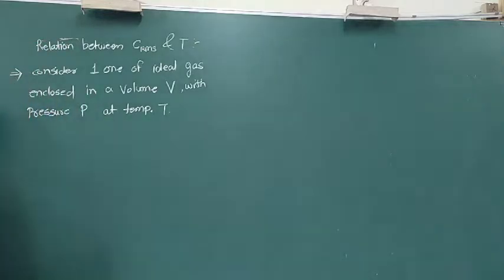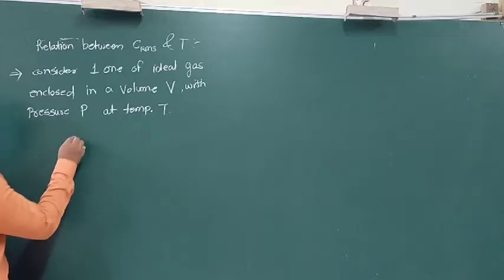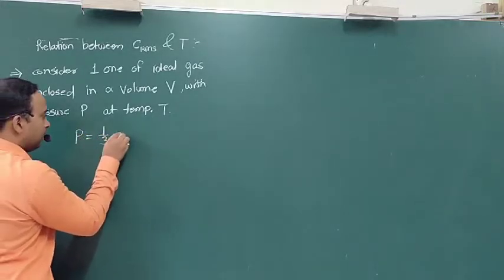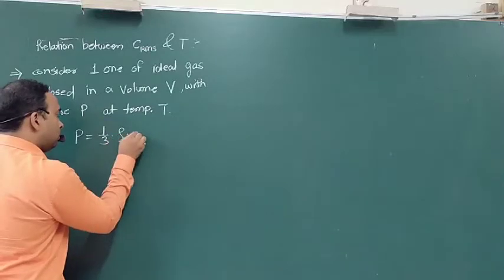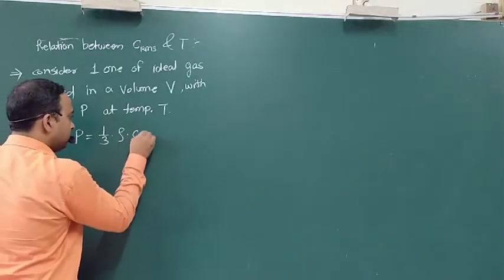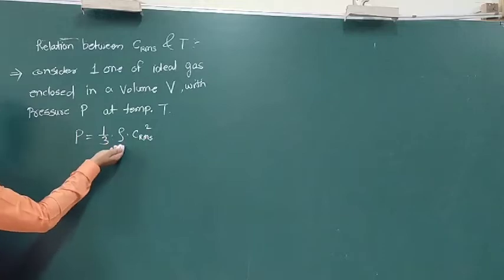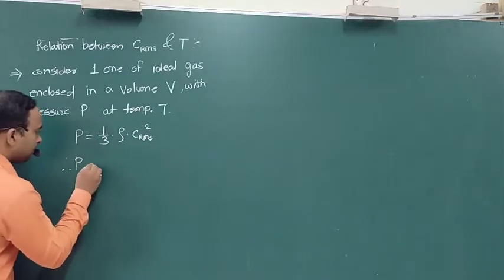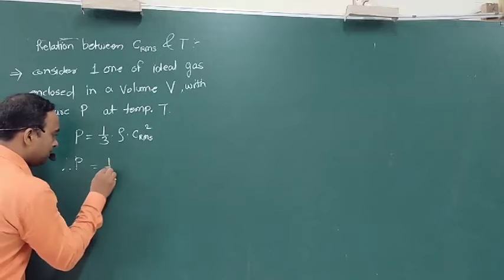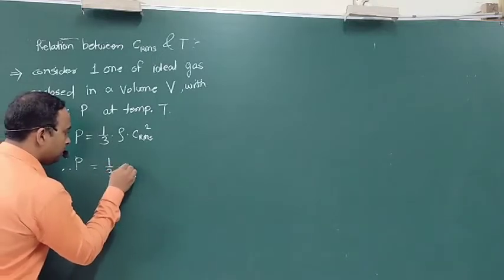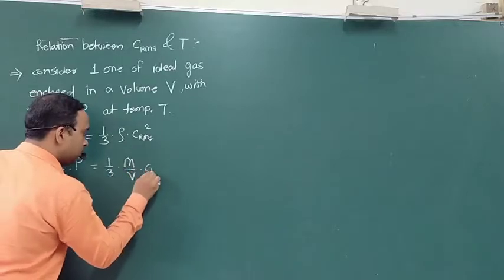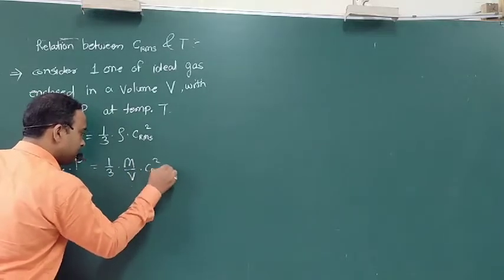Okay, so we know that the formula for pressure, P is equal to 1 by 3 into rho into C RMS square. Therefore, substituting the formula for density, P is equal to 1 by 3 into m upon V into C RMS square.